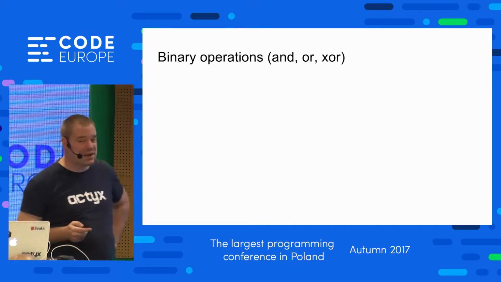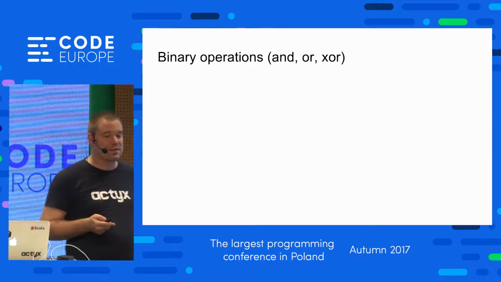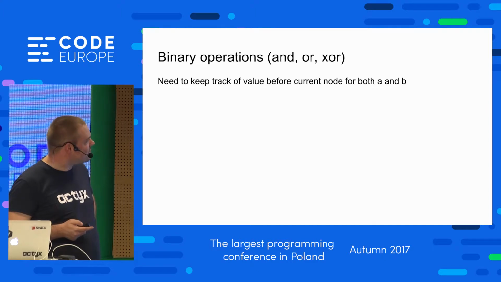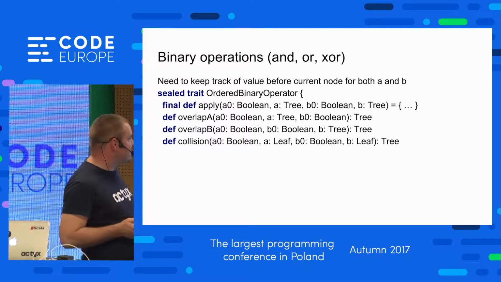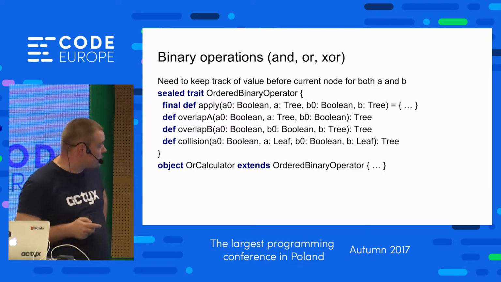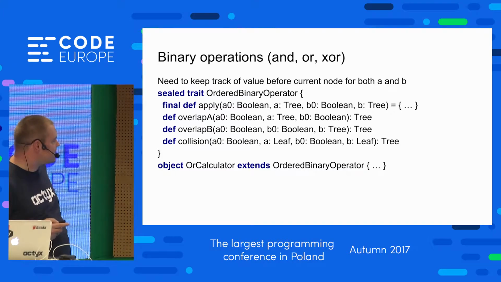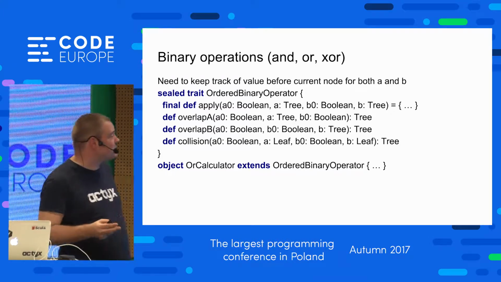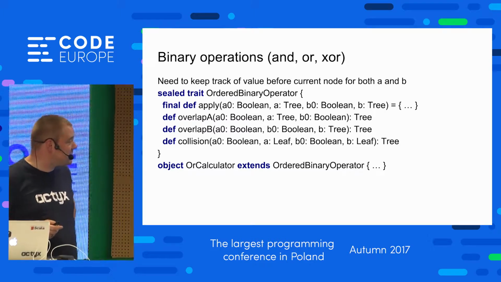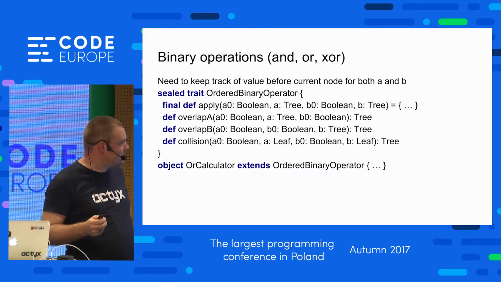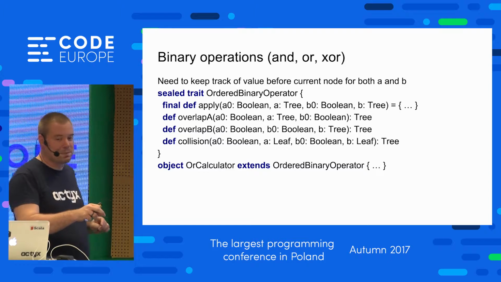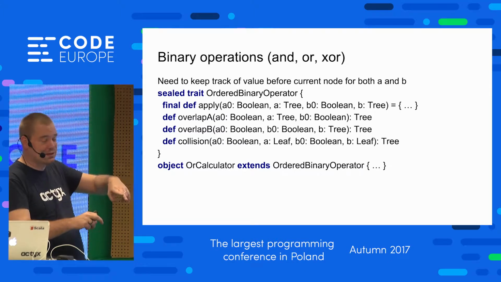So binary operations, which were kind of the point why we did the whole thing. This is a little bit more Scala code. I don't want to dwell on that too much, but the operations are all structured in the same way. Basically, you try to reuse trees in intervals where the other tree is constant.